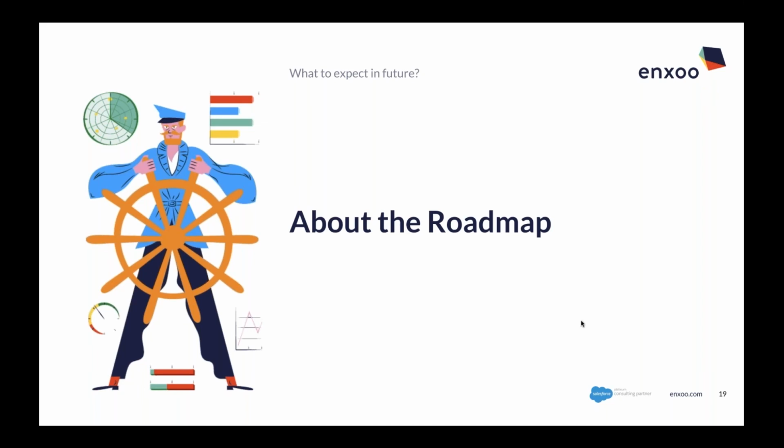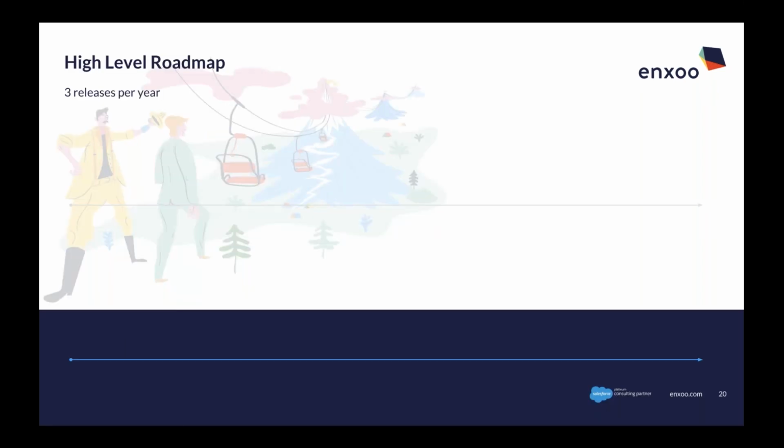So the first thing when speaking about the roadmap, during the last webinar, I already mentioned that we are changing the model of the product development, and we are committing to deliver 3 releases of our apps per year.